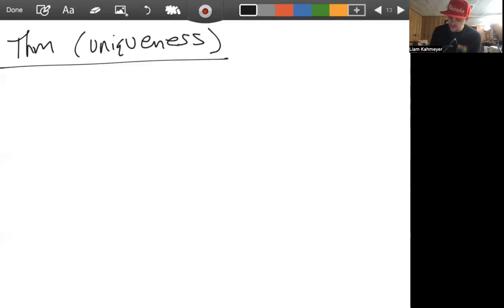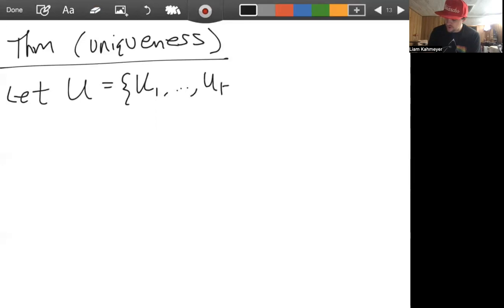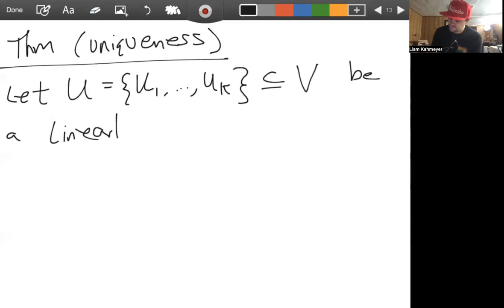Let U, given by U1 through UK, be a subset of the vector space V, and let this be a linearly independent set.